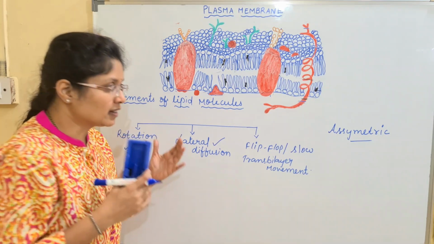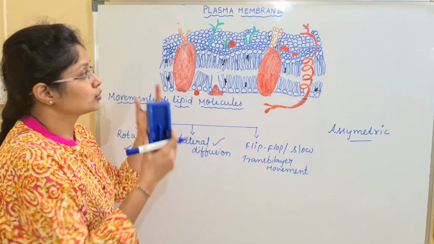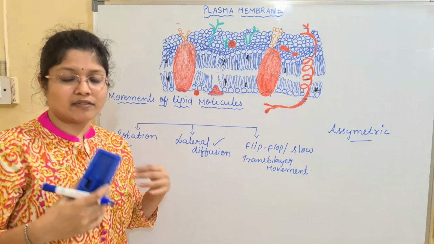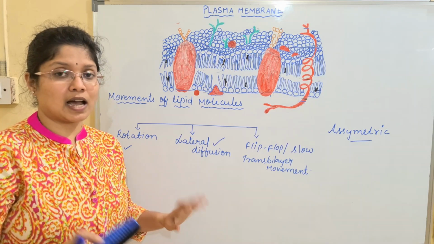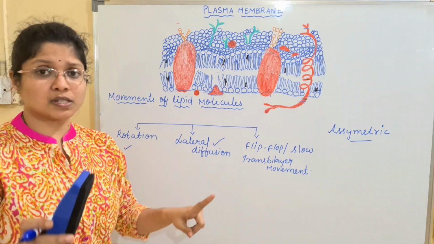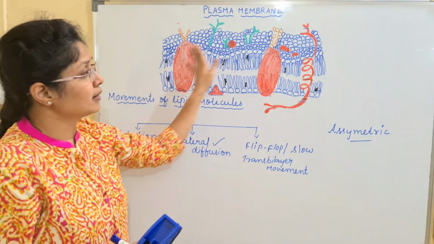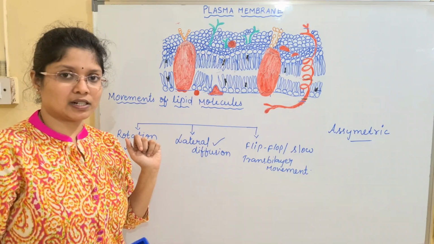Okay. Not only with respect to the lipids, but the proteins or the cholesterol molecules, everything associated with the plasma membrane is acting differently, and is placed differently. If you observe the carbohydrate molecules, the carbohydrates are associated only with the outer leaflet. They are completely absent in the inner leaflet, right?